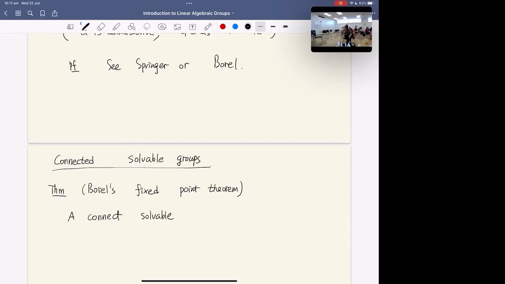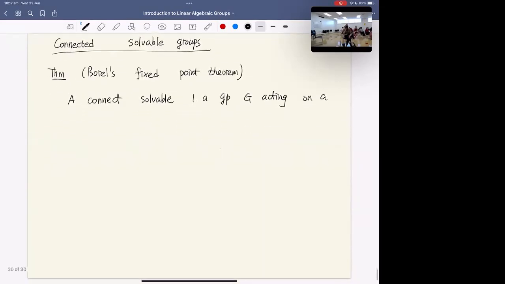So a connected solvable linear algebraic group G acting on a non-empty projective variety has a fixed point. If you know what a complete or proper variety is, you can replace projective by complete.